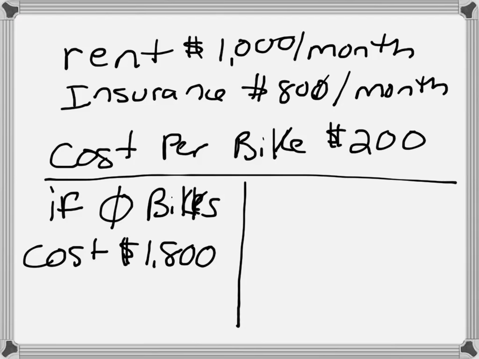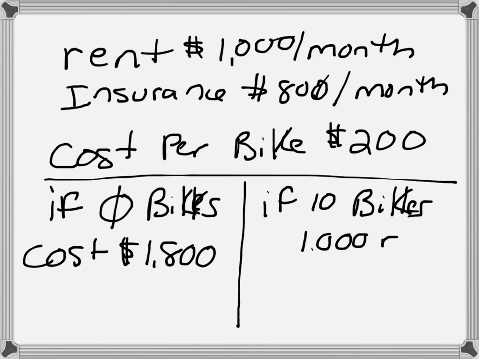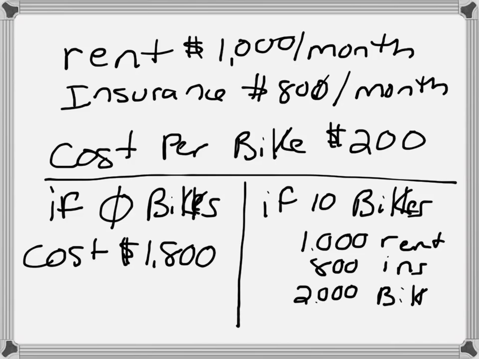But if I make 10 bikes, my cost is now going to be the $1,000 in rent, the $800 in insurance, and now $2,000 to make the bike.